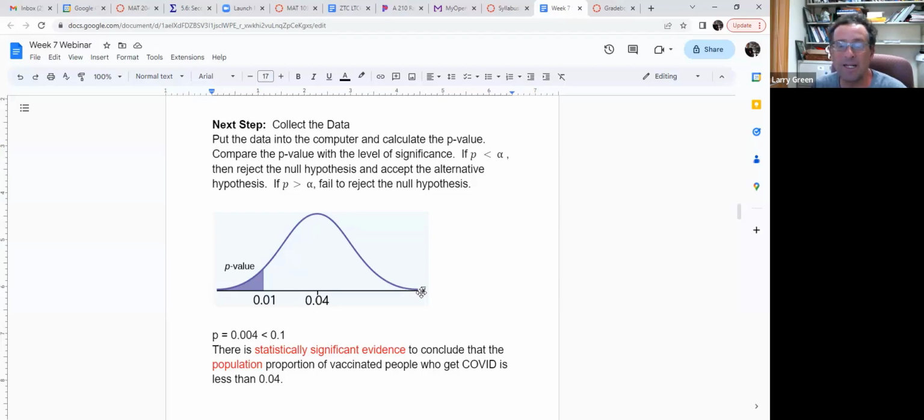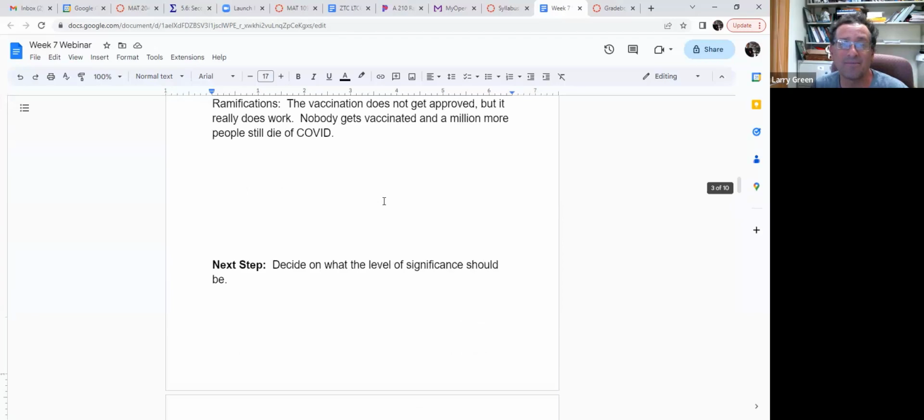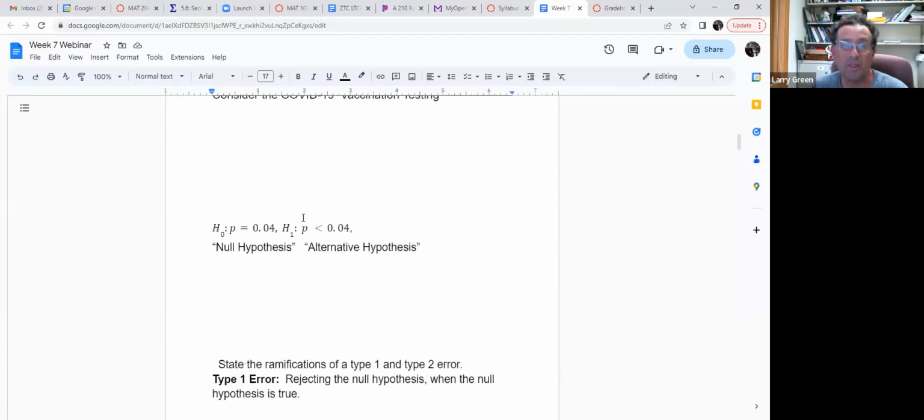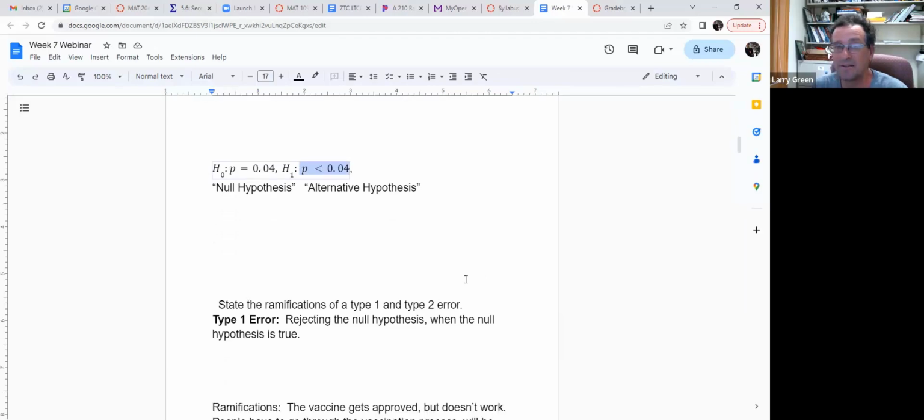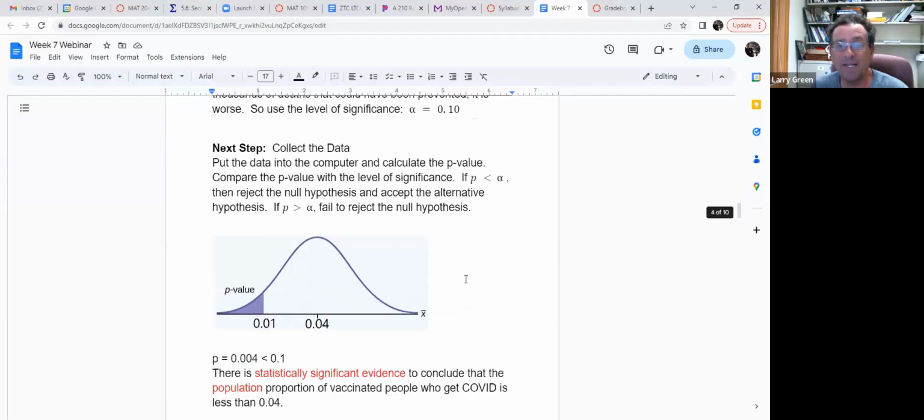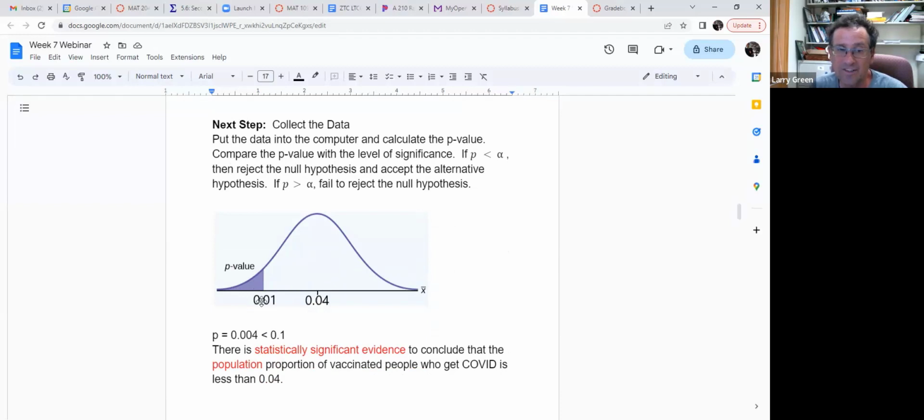And what we're trying to show over here is that p is less than 0.04. Do you see that? So that means in our picture, we're going to shade in where p is less than 0.04.